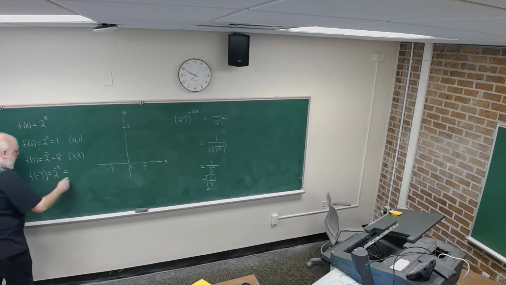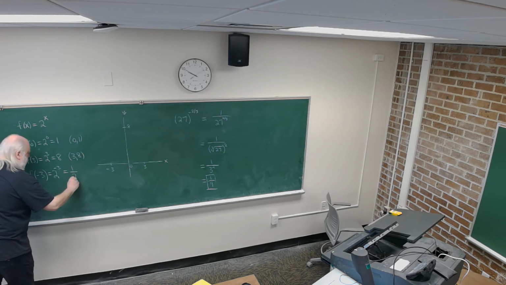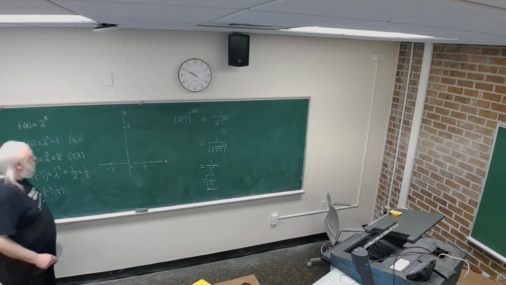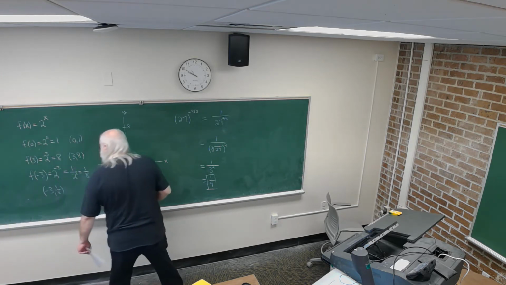And you know 2 to the minus 3 is the same as 1 over 2 cubed, which is equal to 1/8. And so the point (-3, 1/8) is on the graph. Okay, so let's plot those 3 points.